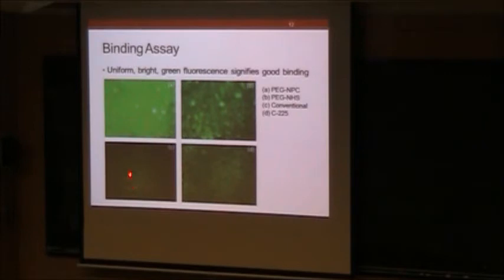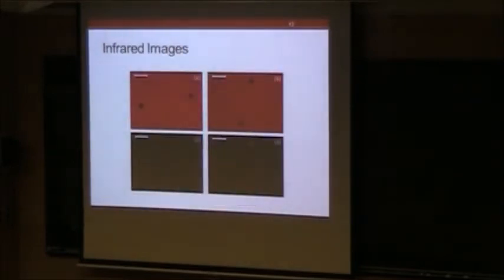And this is the conventional method that Huang and others used. This is our new pegylation method, two of our pegylation methods. And this PG nitrophenyl carbonate was the best, and the carboxylic group didn't really show much.